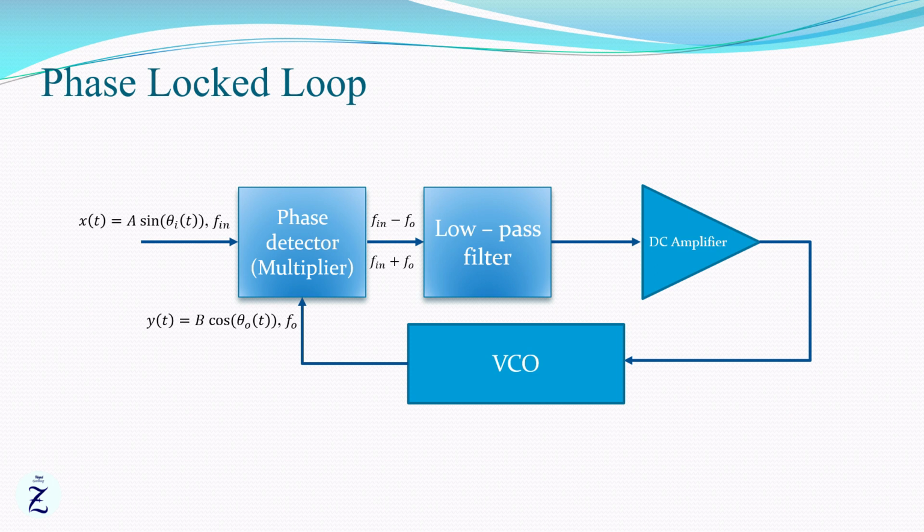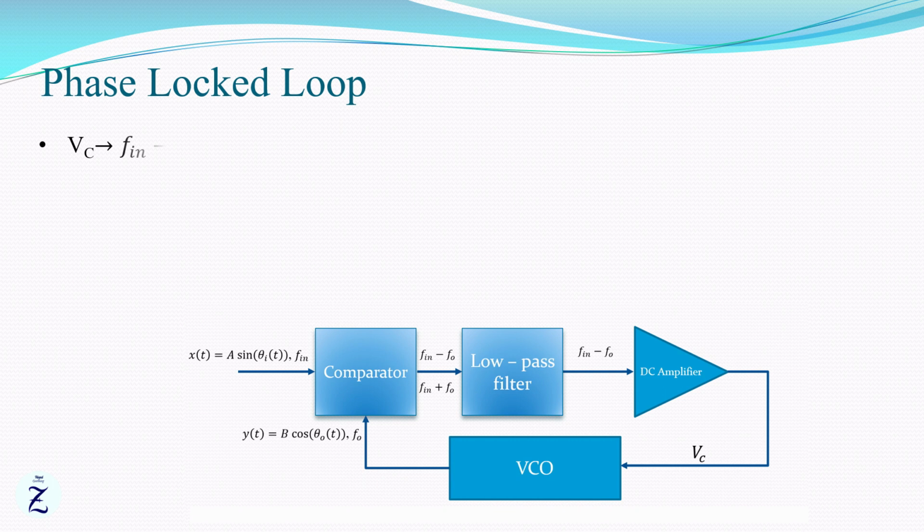The high frequency component, that is Fin + F0, is removed by the low pass filter, and the difference frequency component, that is Fin - F0, is amplified and then applied as a control voltage Vc to this voltage controlled oscillator. The signal Vc shifts the VCO frequency in a direction to reduce the frequency difference between Fin and F0, or the phase difference associated with those frequencies.